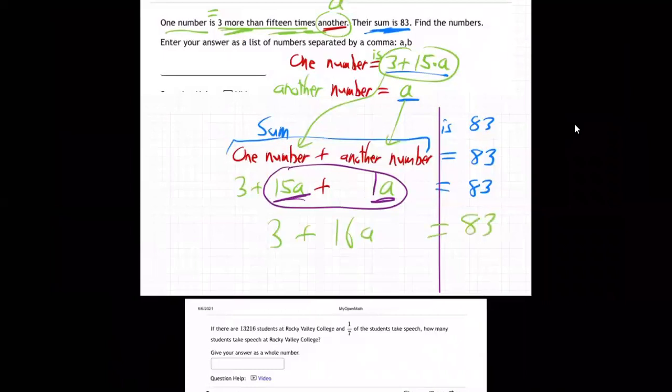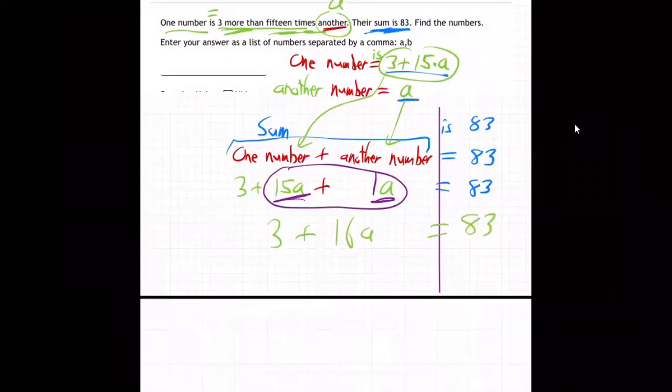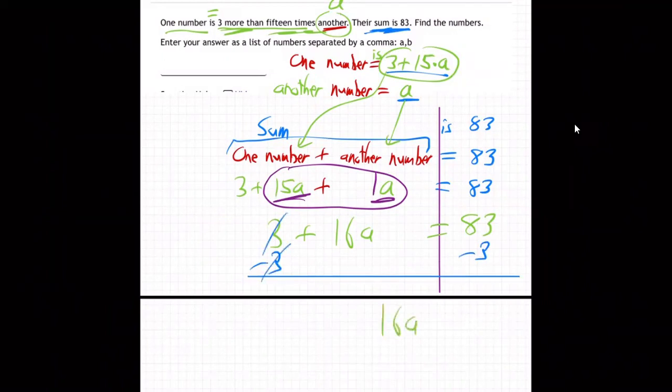And then A is saying, I don't want to be alone. I want to be alone. So get rid of this 3 from both sides. And blammo, it's gone. 16A equals 83 minus 3, that's just 80.